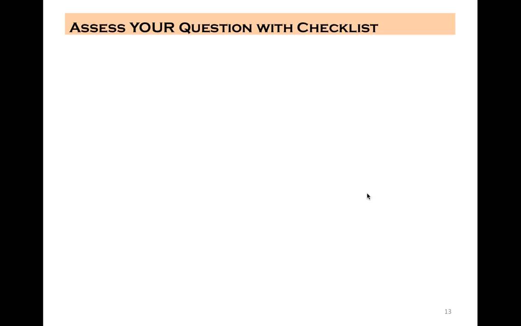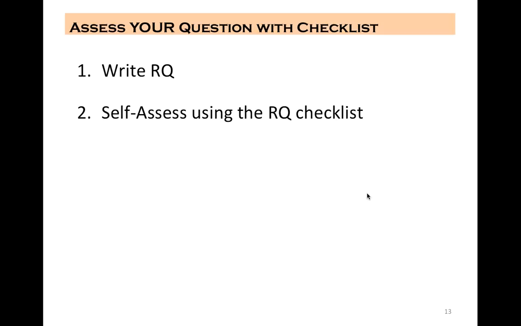So you will first assess your question with the checklist. I will review the checklist on the next page again. So, for video number 3 in Module 2, you will first write your specific research question. Look at your general question and your selected solution. Combine the two to develop your specific research question. You will self-assess using the research question checklist that we just reviewed.